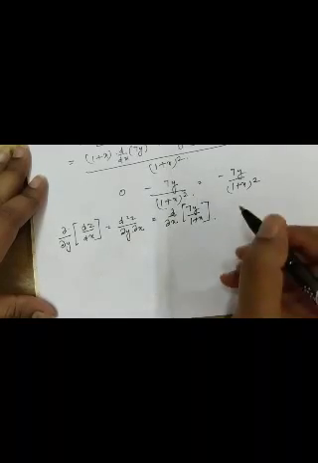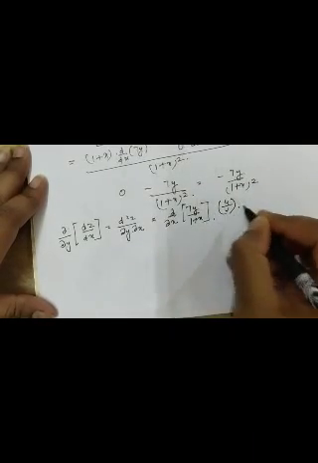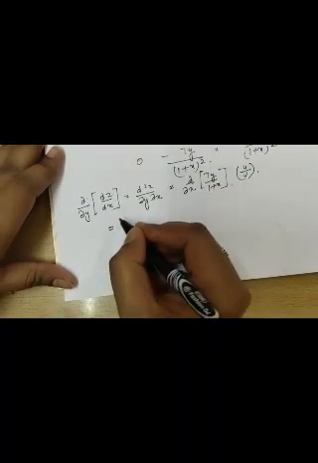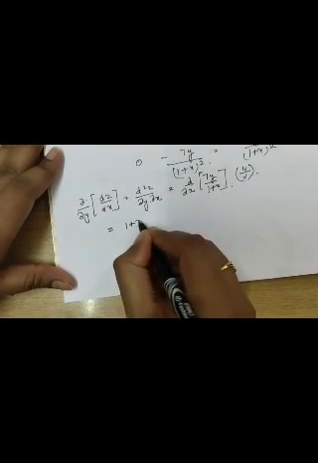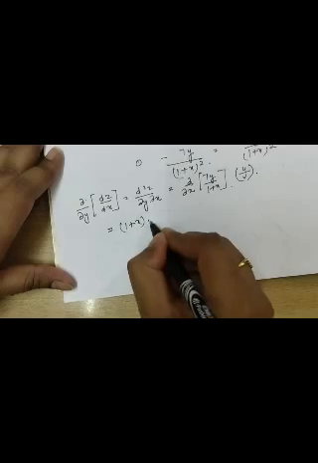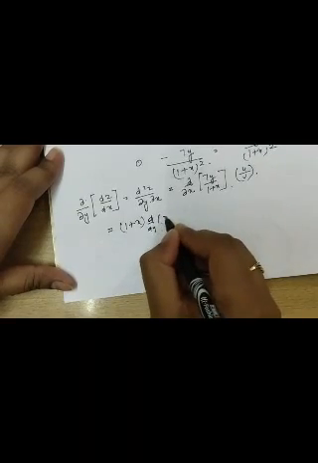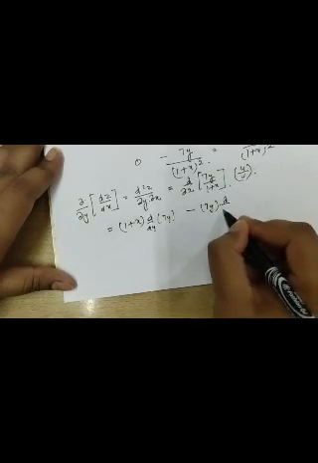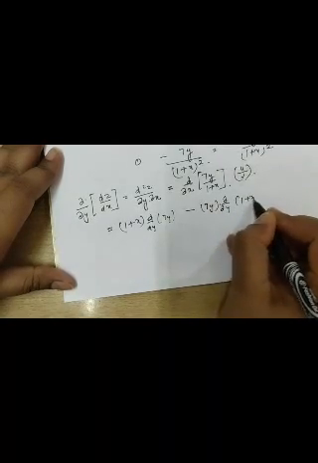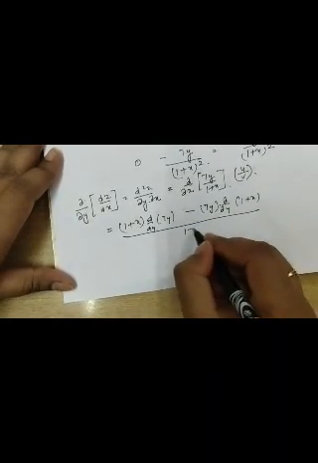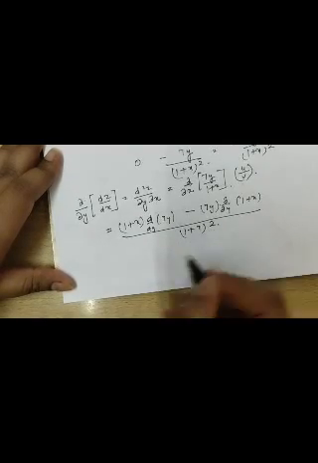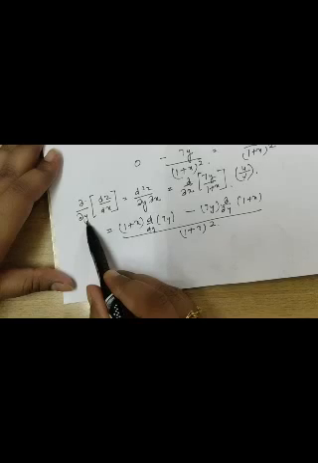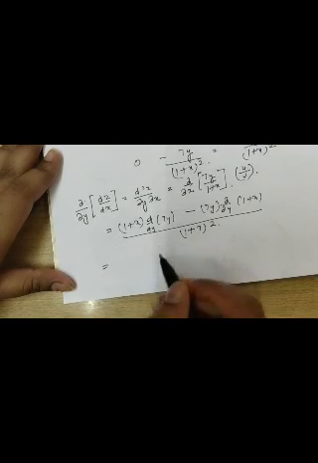Differentiate it. Again, you apply the formula of u by v. What will you get? This is equal to 1 plus x, 7y minus 7y, 1 plus x by 1 plus x square. You are differentiating with respect to y, so x will be constant.